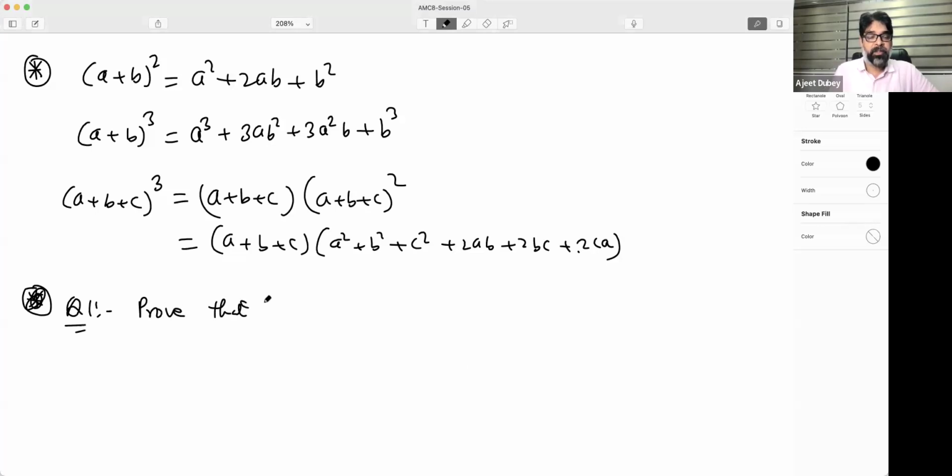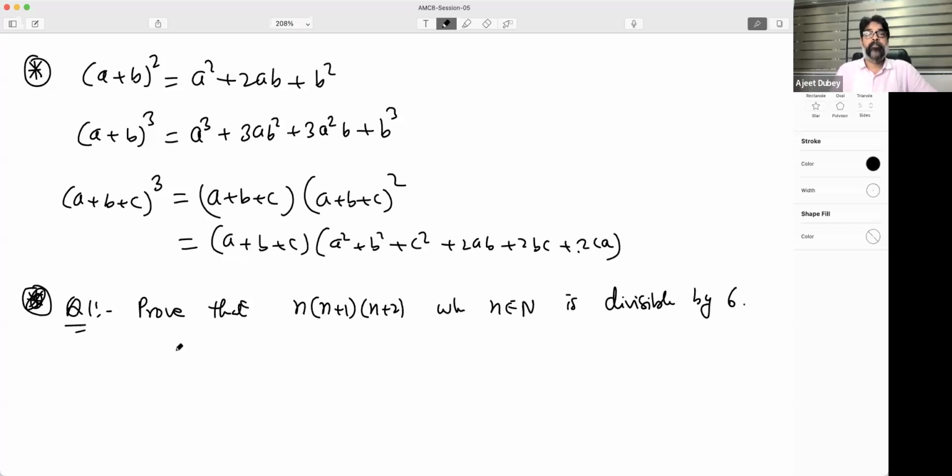Prove that n into (n plus 1) into (n plus 2), where n belongs to the natural numbers, is divisible by 6.